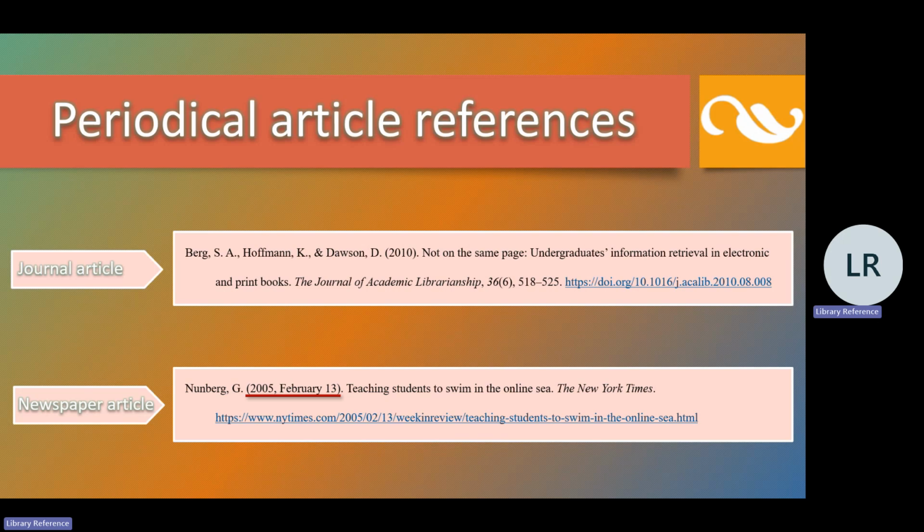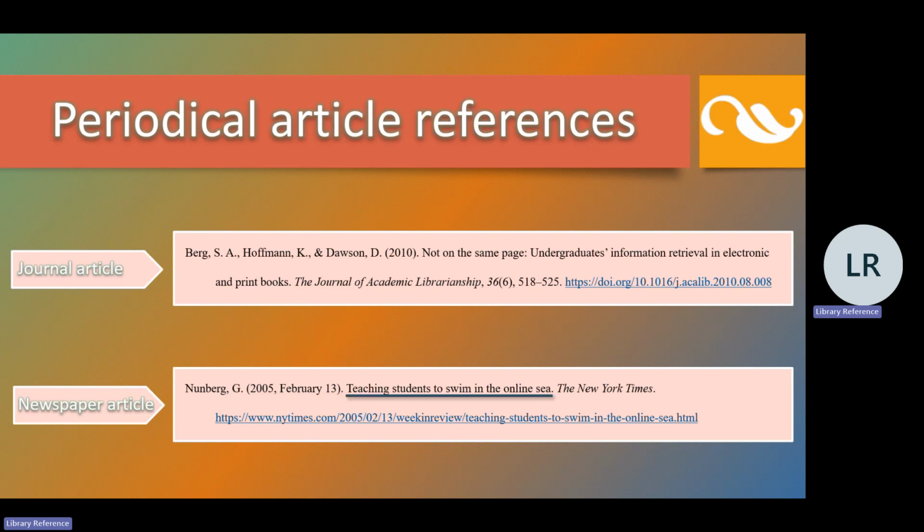And the reason why we have a full date, as we mentioned earlier, is because a newspaper publishes articles very frequently, so having the full date helps the reader identify the particular article.